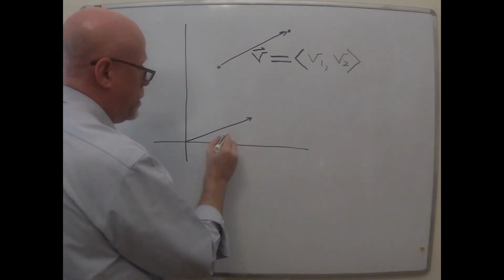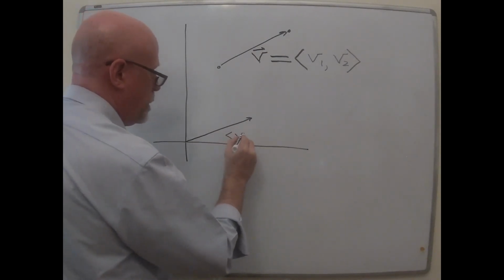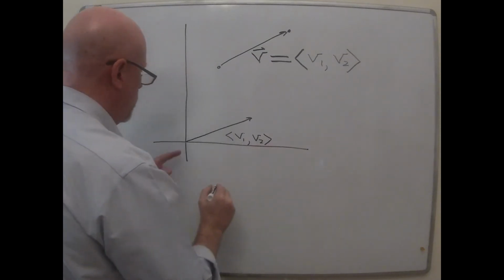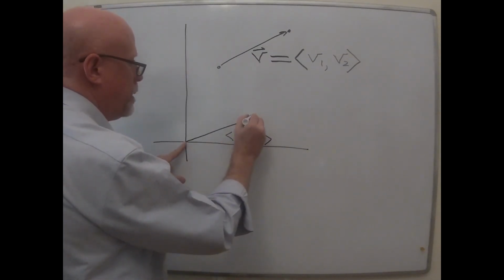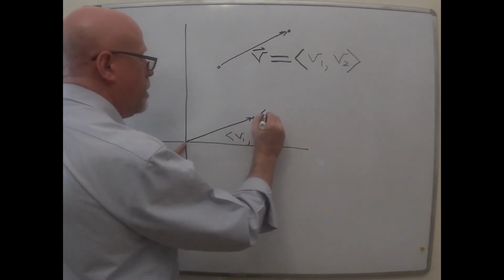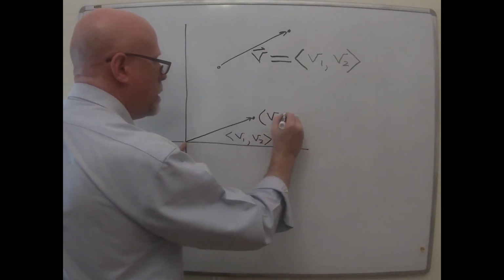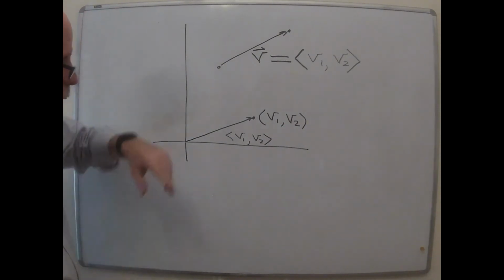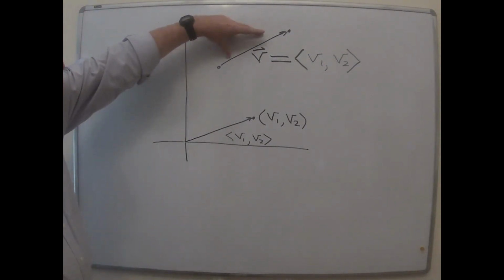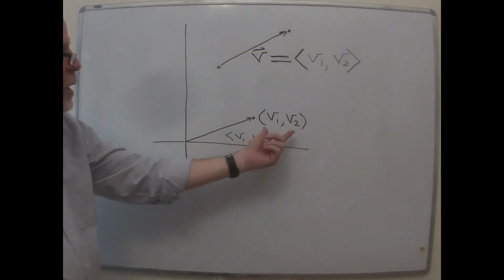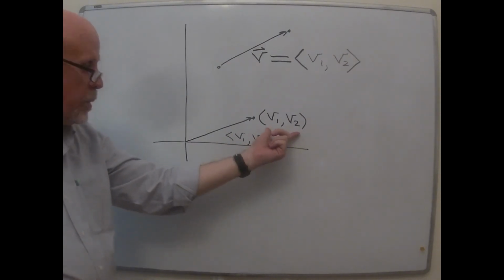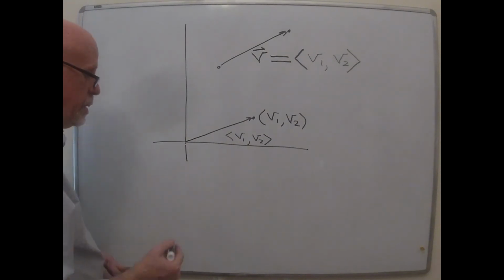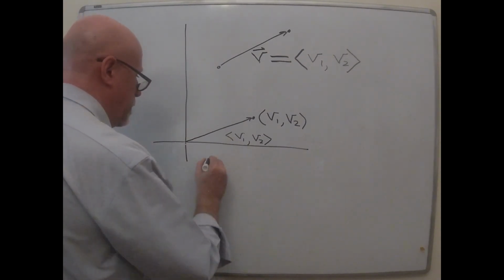And then it would still have components v1, v2. But more importantly now, we know the tip of it would be the point v1, v2. So the question about how long the vector is has been morphed into a question about how far this point is from the origin. What's the distance between 0, 0 and v1, v2? And that has an easy answer. It's the distance formula.